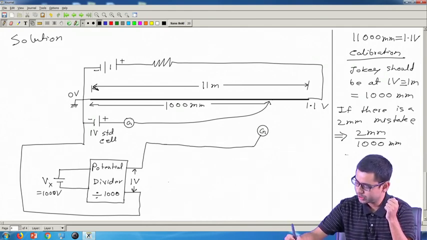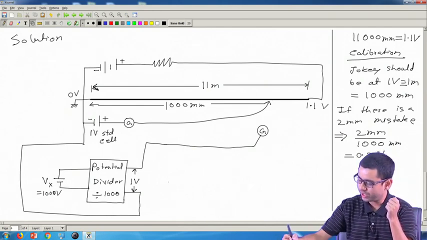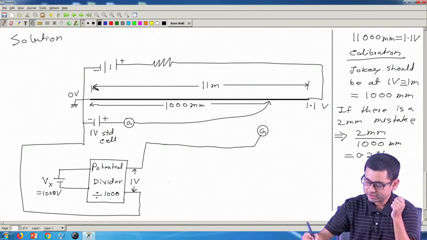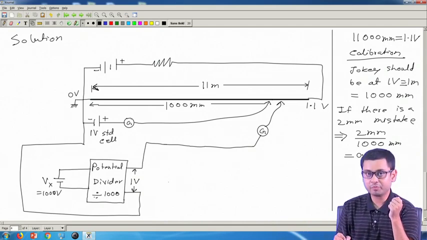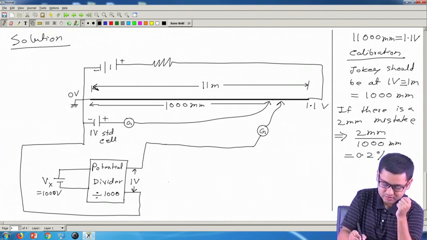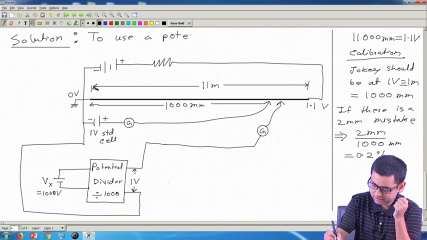So, this is equivalent to 0.2%, which is much lower than the previous two cases, where we had either 2% error or 20% error. Okay. So, we can have much smaller error if we use a potential divider. So, the solution is to use a potential divider.